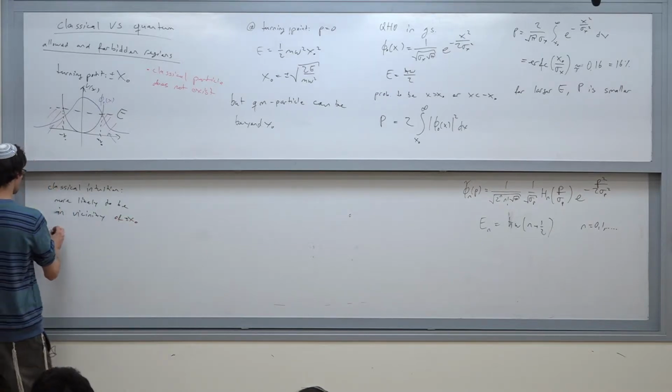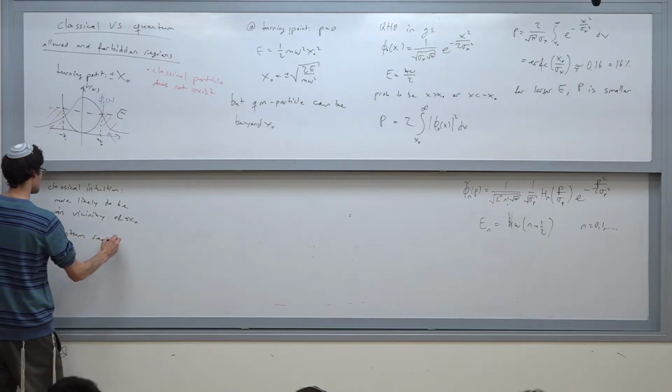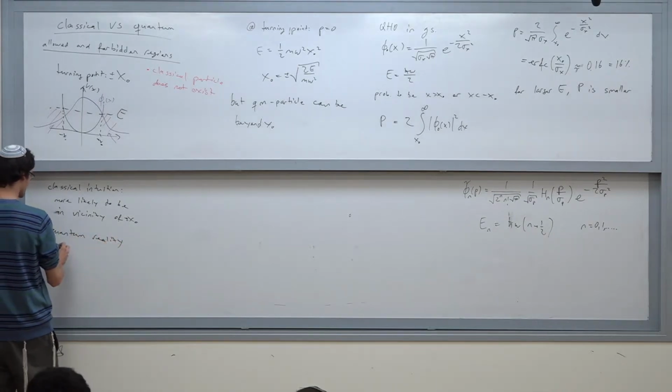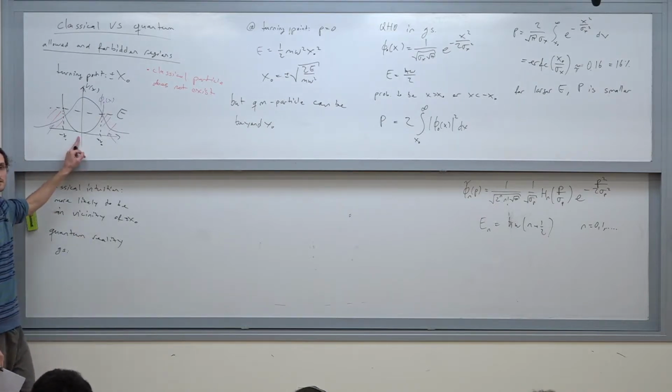But if you now look at the quantum reality, at least for the ground state and the first few excited states, it's exactly the opposite. Look at the purple line. Where are you most likely to find the particle? In the middle.